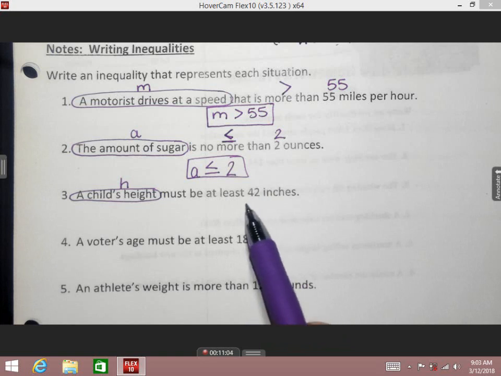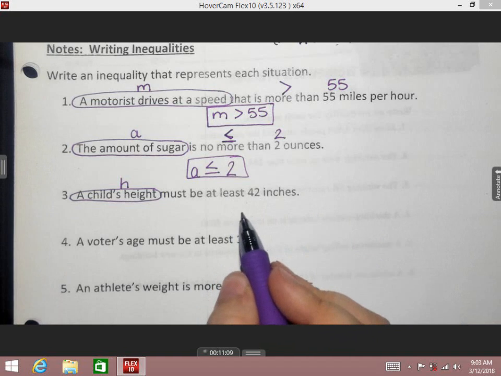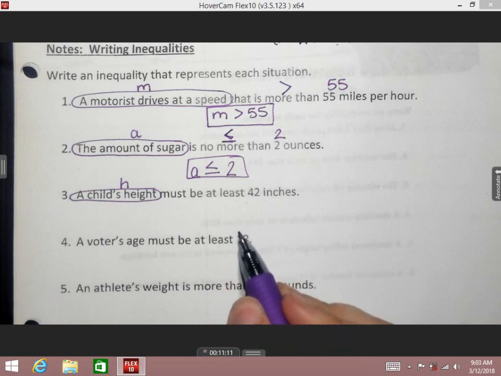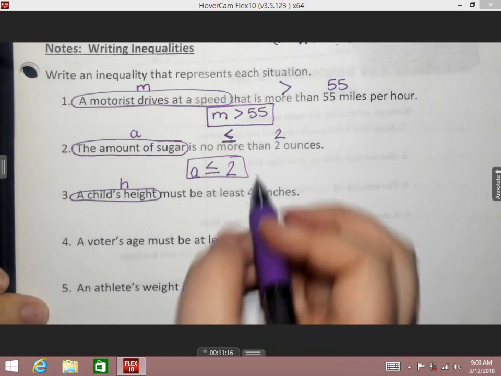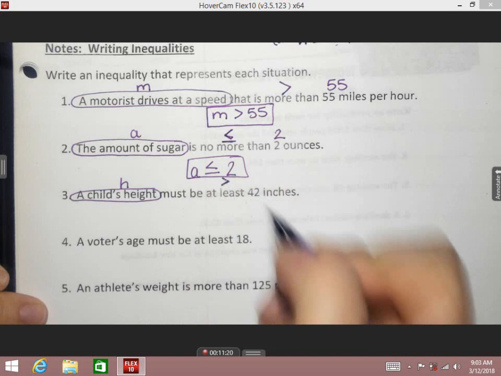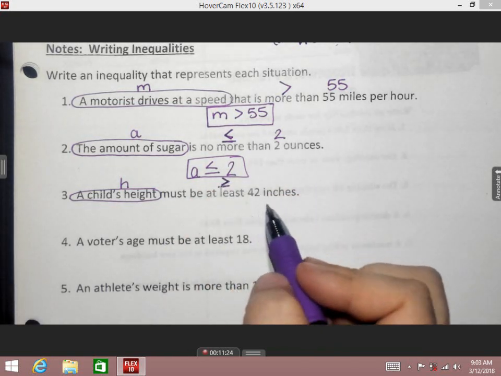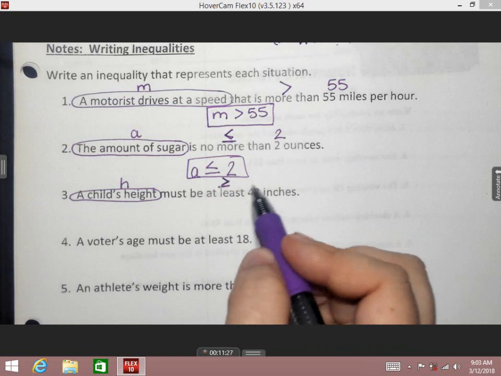So what are we going to use, Lyric? Greater than or equal to. Because if I hit that bar, am I going to be able to get on the ride? Yes. So greater than or equal to. So greater than points to the right or equal to. All right. So again, because it says at least, this is the smallest number.